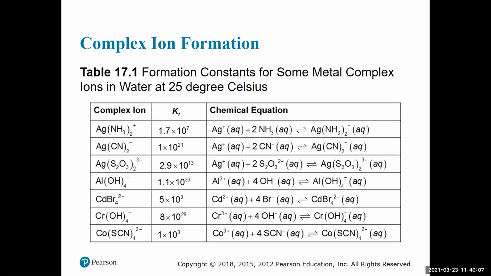Here are some examples of metal complexes. Over here on the left, you see various metal complexes, some silver ones, aluminum, cadmium, chromium, cobalt, etc. We see the formation constants, and what I want you to see is that some of those formation constants are really big. We've got a 10 to the positive 33. We've got a 10 to the 29. We've got some big ones.